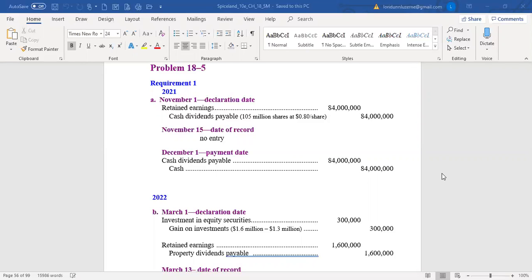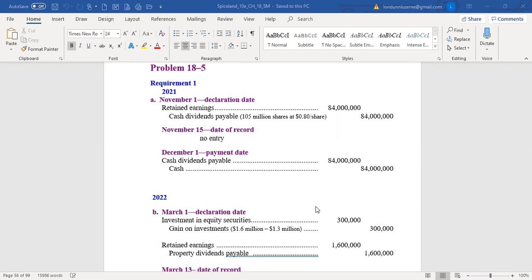Well, that should be debt securities because they're bonds. So that should be debt securities, which is fine. But they'll debit that for the difference, $300,000, and they'll recognize the gain on investment. So that's always the first step. Write the asset up or down to fair market value that you're paying as a dividend. Then record the dividend. We always record the dividend at the property's fair value.